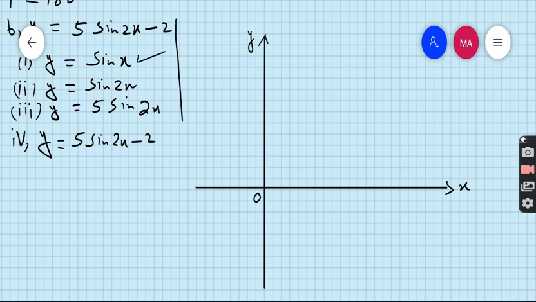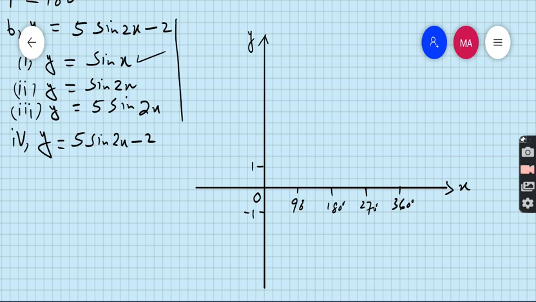So first we have to draw sine x. The maximum value of sine is 1 and the minimum value of sine is minus 1. So I am taking 4 squares as 90, then 180, 270, and 360.